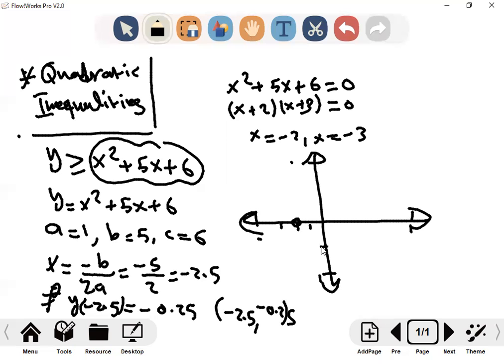So here is the vertex. A is positive, so it means it opens upward. x is negative 2 and negative 3, so here negative 2, here negative 3. So this is my parabola, right?